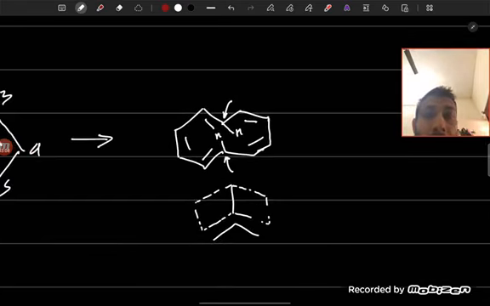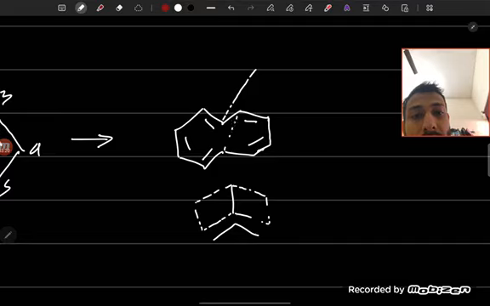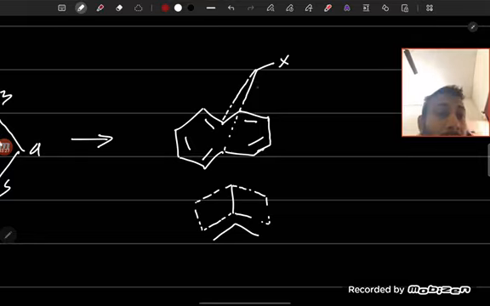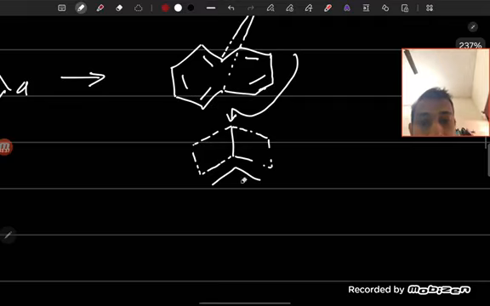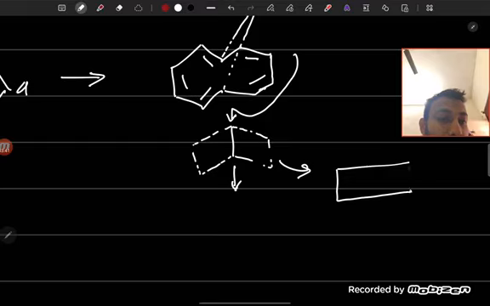But what if we place any small atom on its joints? Like if we remove these hydrogens and place a small element over there, so if we place this X atom on its bridgehead position, then this carbon will push this angle to the lower side, and this will turn into a planar structure.